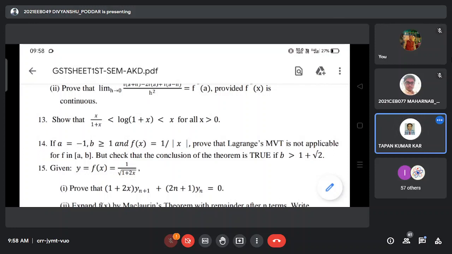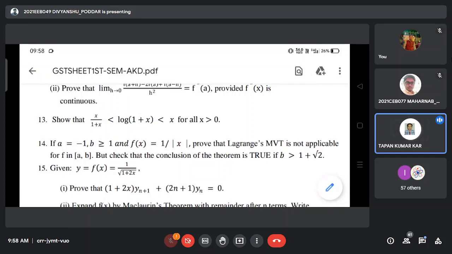Because if it is true, then in the first part, prove that Lagrange's mean value theorem is not applicable for f in AB. This is also the same for b greater than 1 plus root 2 as in the first case. Yes, sir. B greater than 1 plus root 2 means it is also b greater than or equal to 1. So in the first case, why is Lagrange's mean value theorem not applicable?